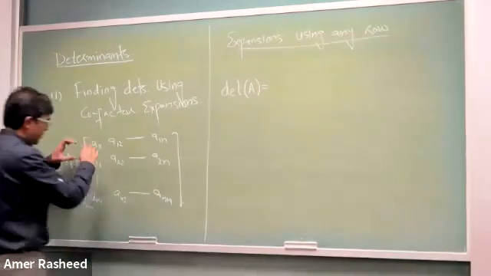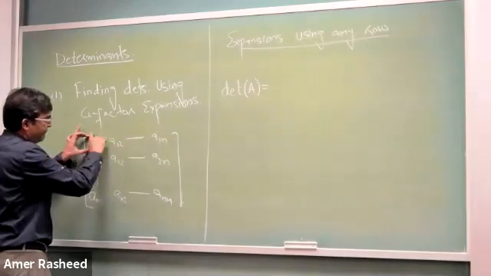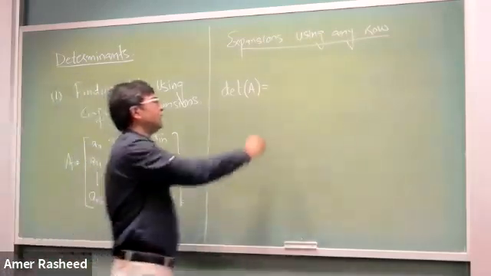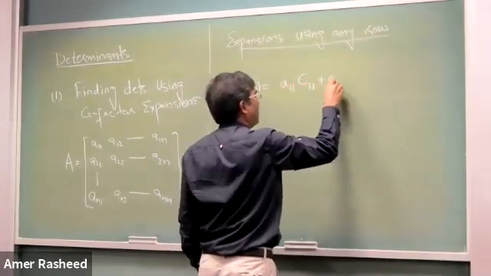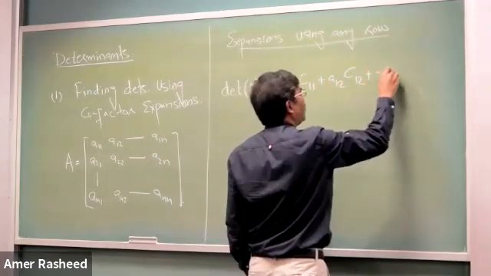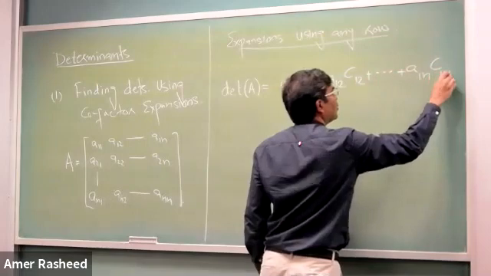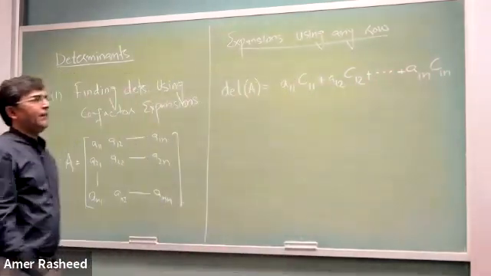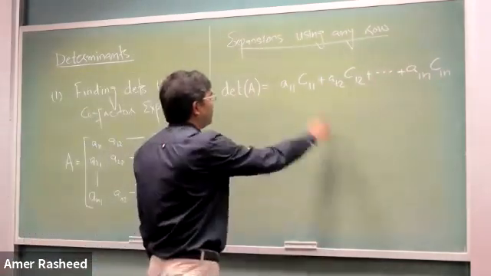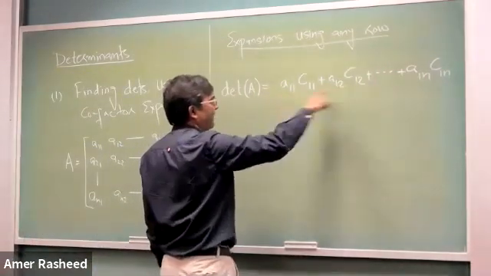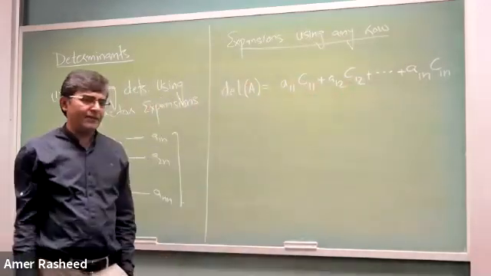If you want to write a cofactor expansion with respect to the first row, you write A11 C11 plus A12 C12 plus so on until the last element of that row, each multiplied by its respective cofactor. I hope you know what a cofactor is. This is a cofactor expansion with respect to the first row in order to find the determinant of A.